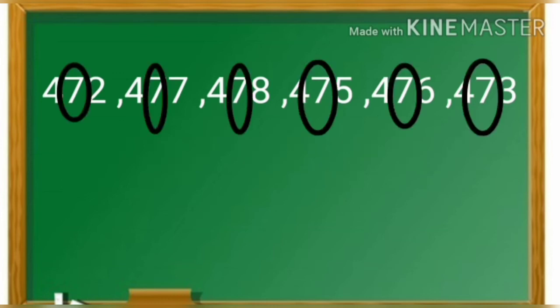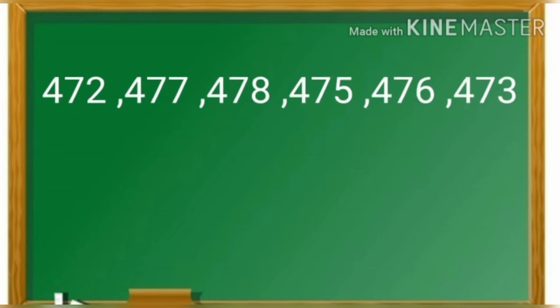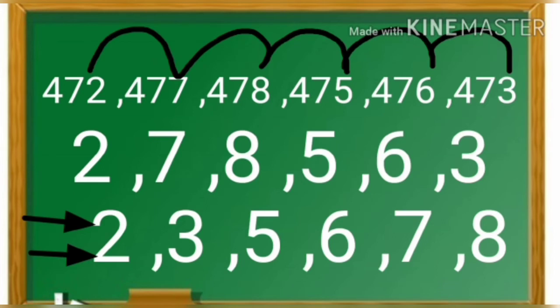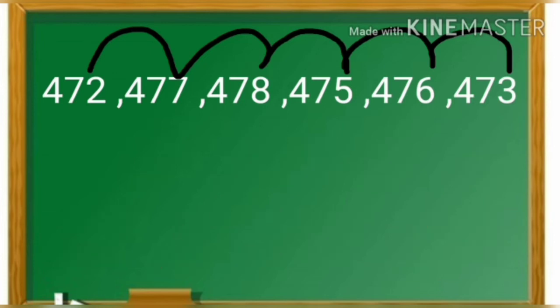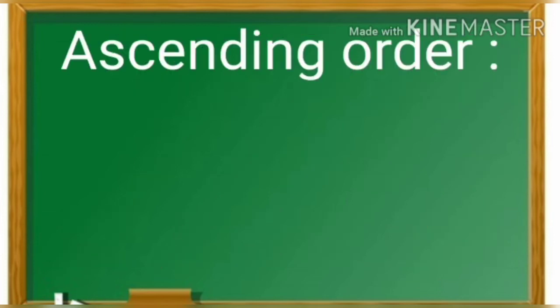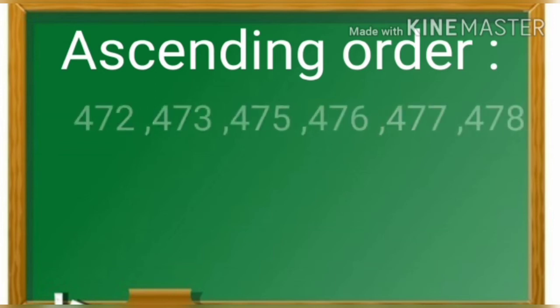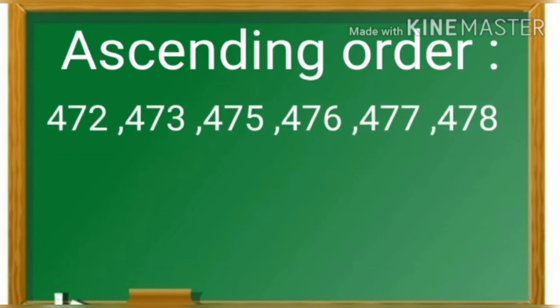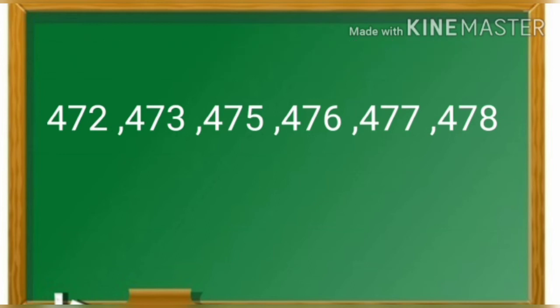They are also same. Therefore, write the digits in the unit place in the ascending order: 2, 7, 8, 5, 6, 3, becomes 2, 3, 5, 6, 7, 8. Now arrange in ascending order: 472, 473, 475, 476, 477, 478.